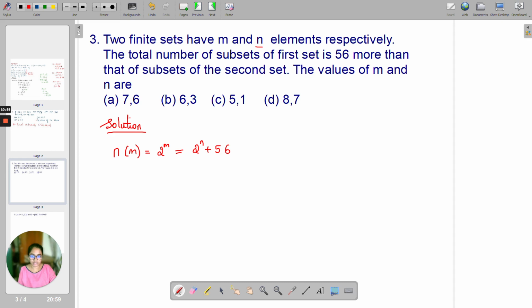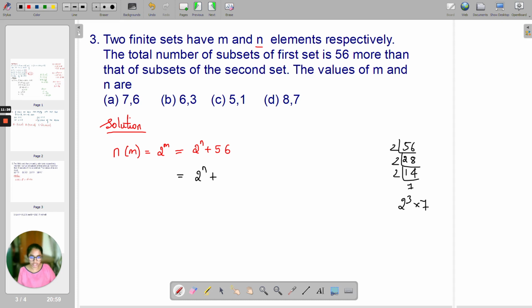Okay, simplify this now. How can you write 56? Can you split 56? Let me divide this by 2 now. Yes, 2 14s and 2 7s. So can I write 56 as 2 cube into 7? Yes. So let me write 2 power n plus 2 cube into 7.